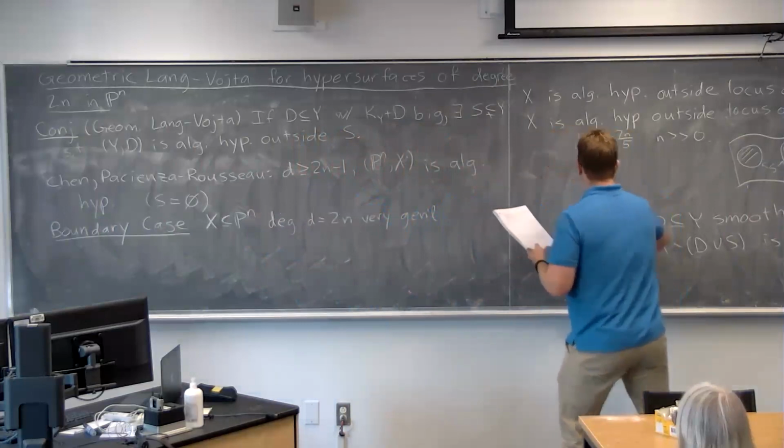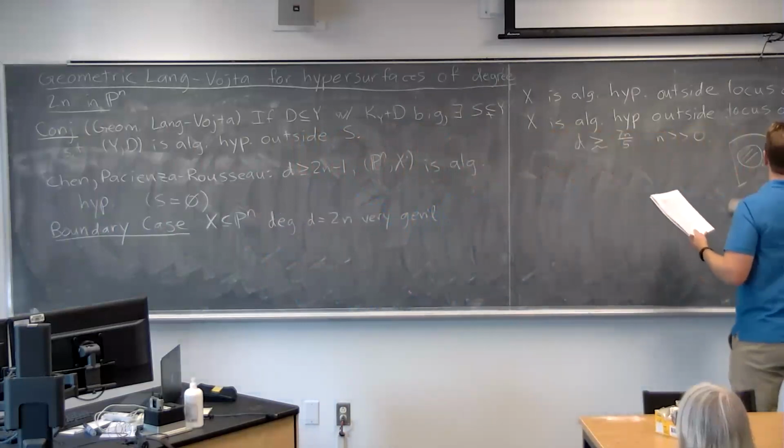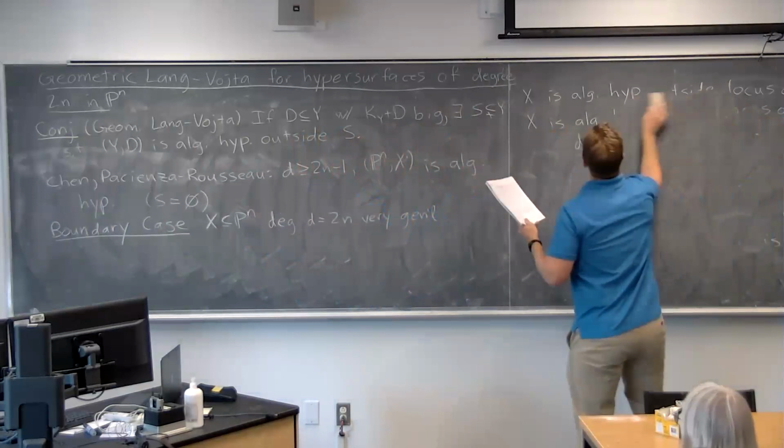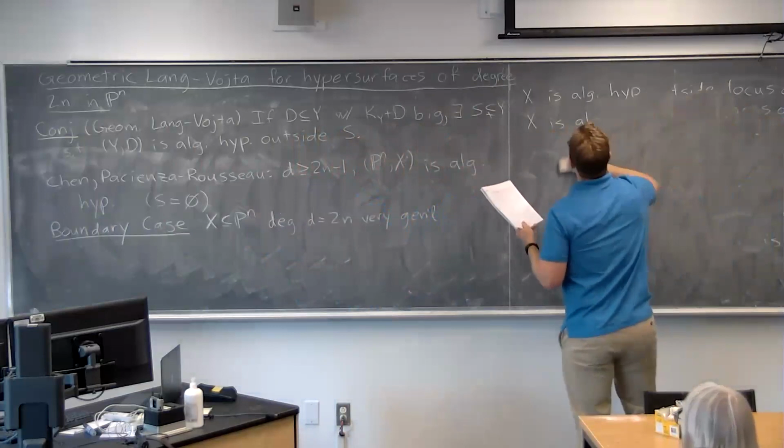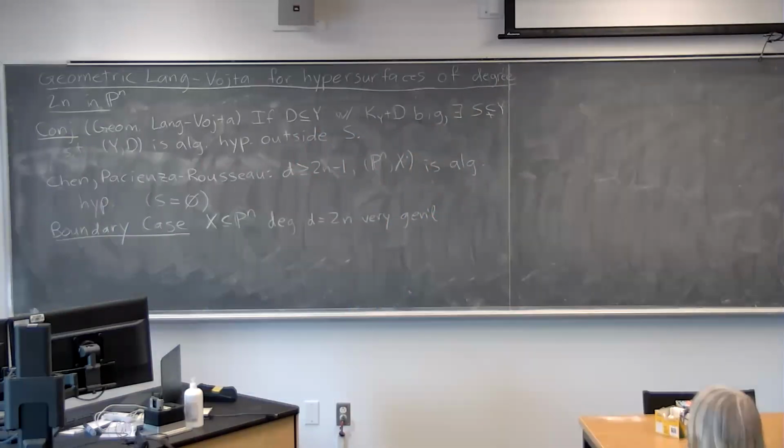And so Zaidenberg had, like before, I think Chen and others, that was the best you could do if you have empty exceptional set, because there are lines.